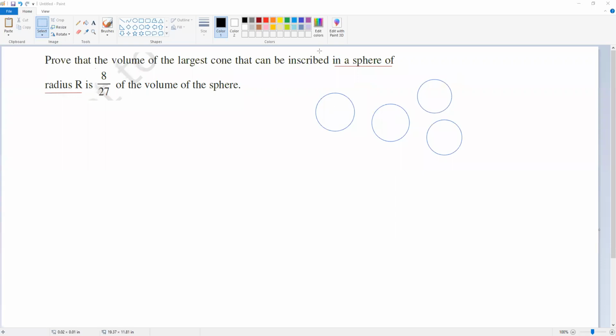So every sphere has radius r, okay, every one has radius r.